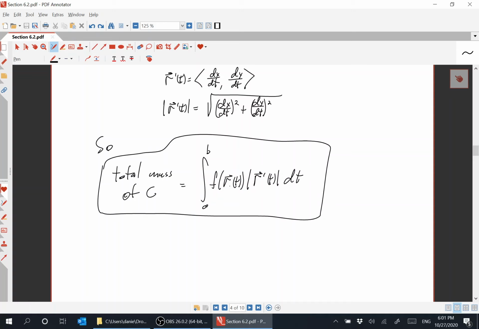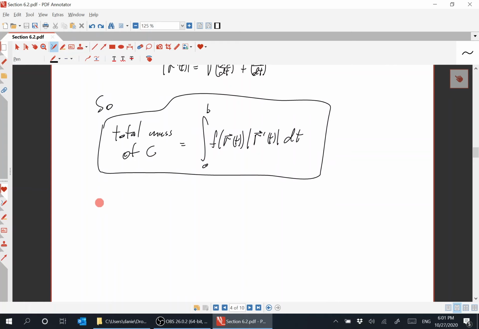All right, notice that we never really took into account what the structure of r was. There are always different ways of representing C. We never mentioned what r of t is explicitly.